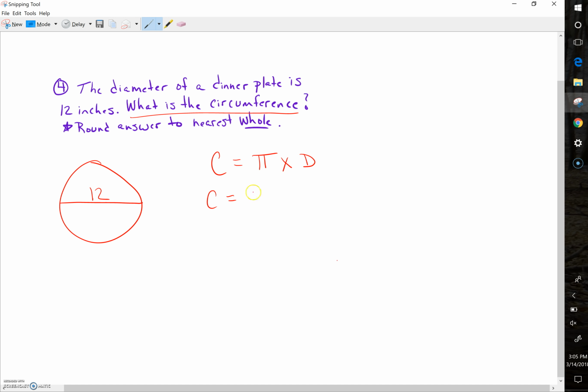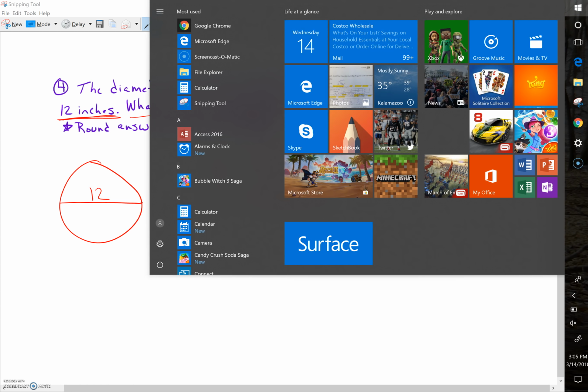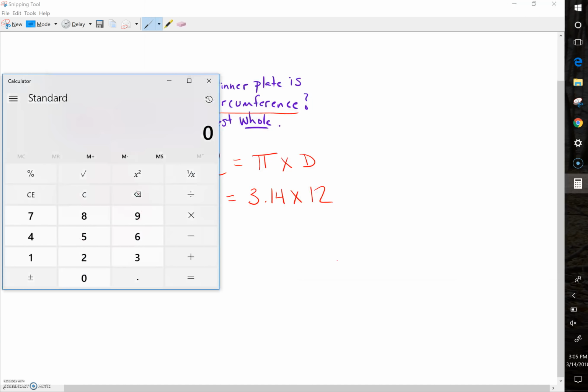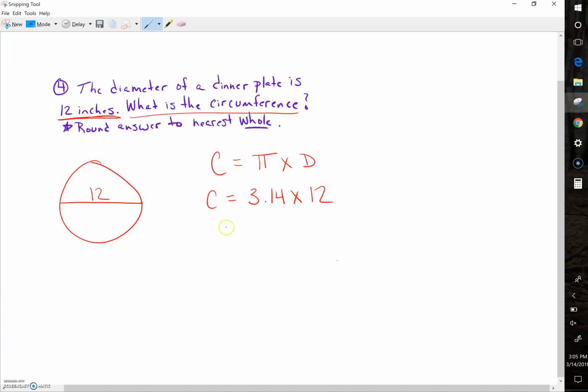So circumference will equal 3.14 times the diameter, which was given to us, 12 inches. 3.14 times 12 is 37.68. Circumference equals 37.68 inches. That one's not square inches because it's not area, it's a distance.